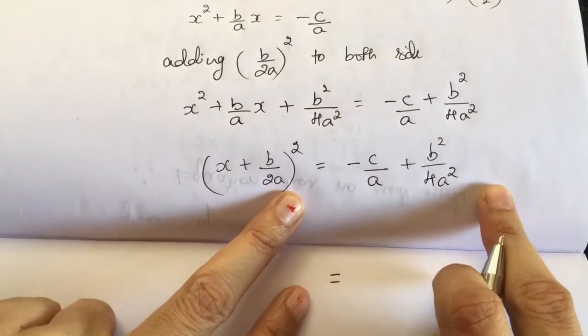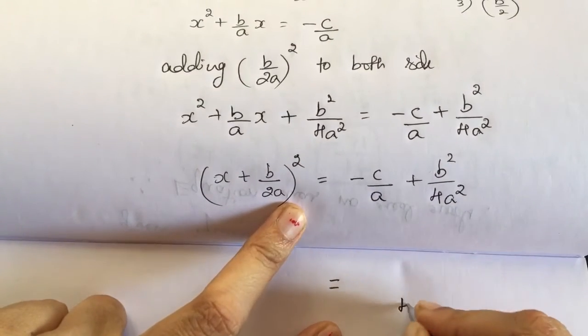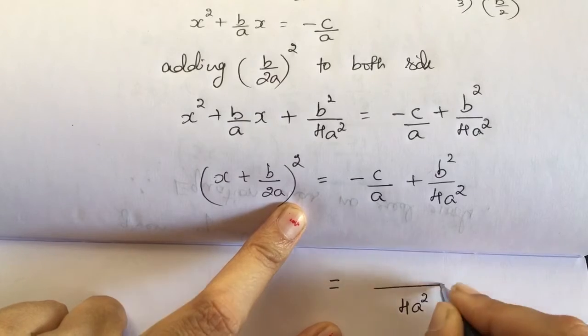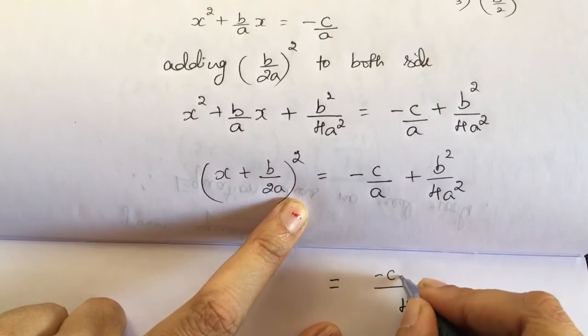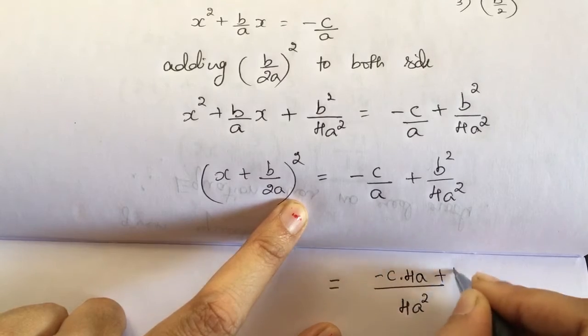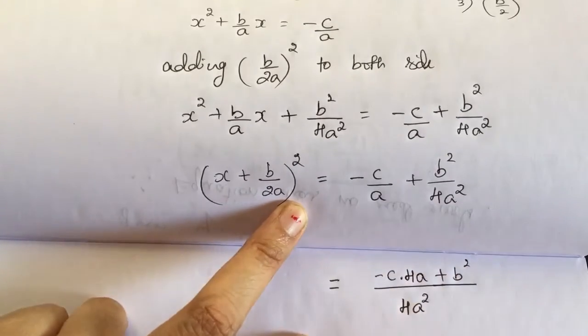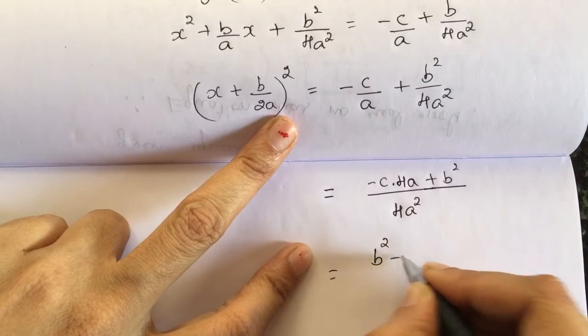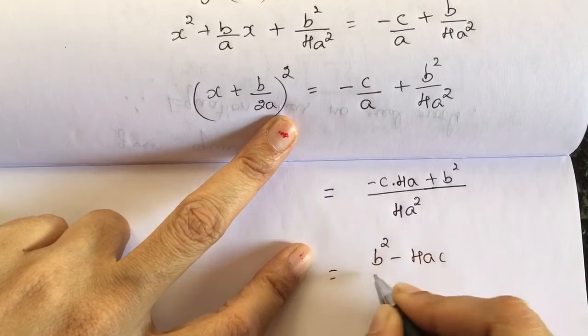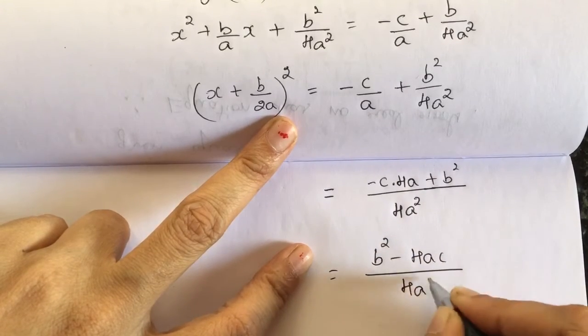I'll take 4a square as LCM, and this is minus c into 4a plus b square. This can be rewritten as b square minus 4ac divided by 4a square.